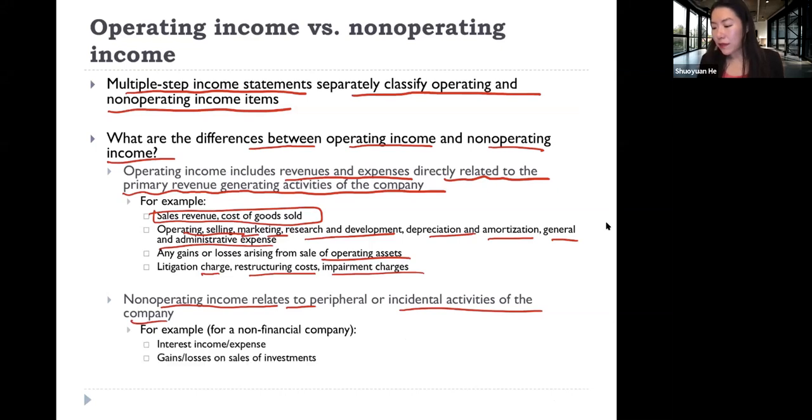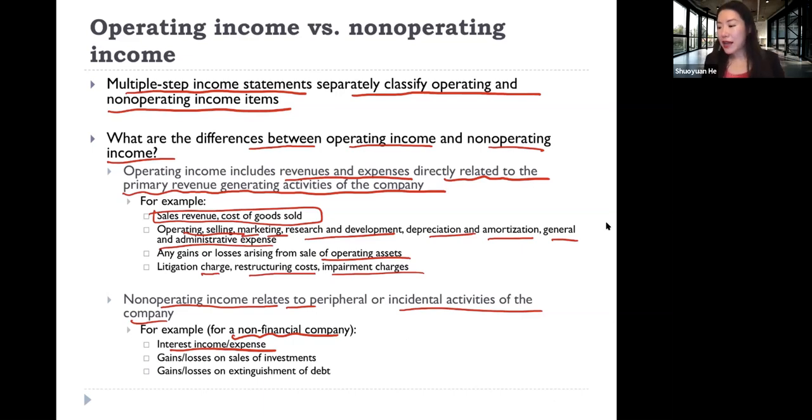The most typical non-operating income, if it is not a financial firm, is interest income and expense. If I'm Starbucks, what is my major business? My major business is to make and sell coffee.